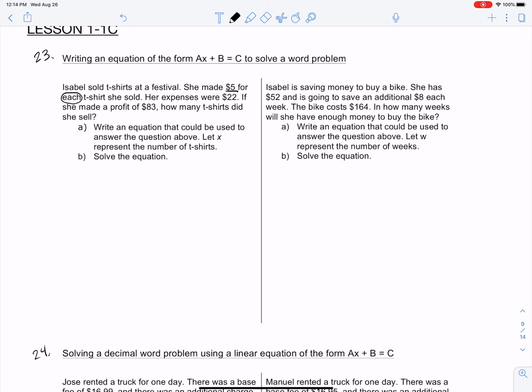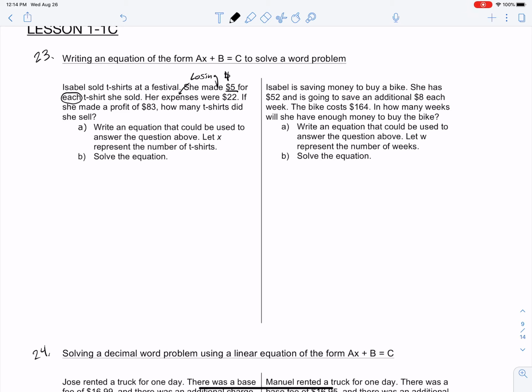Her expenses were $22. Now, what are expenses? Expenses is where you're losing money. I'll go ahead and rewrite that just to make it clean. You're losing money.